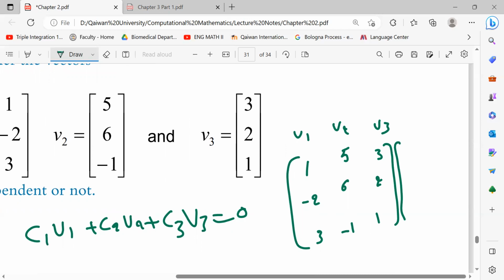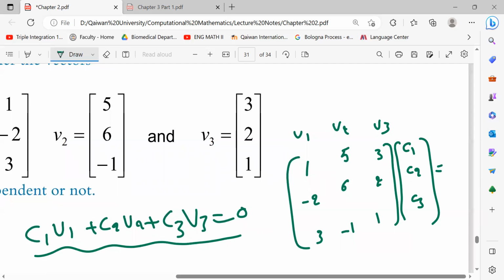Multiplying by C1, C2, C3. This is equal to 0, 0, 0. We have three components in the vectors, so we just write 3 zeros.